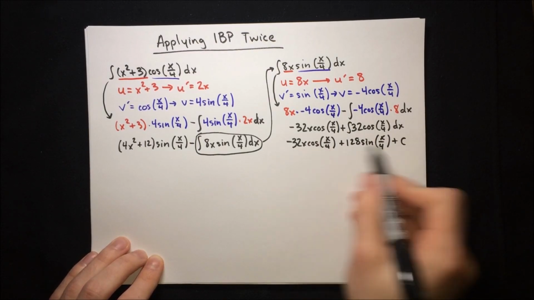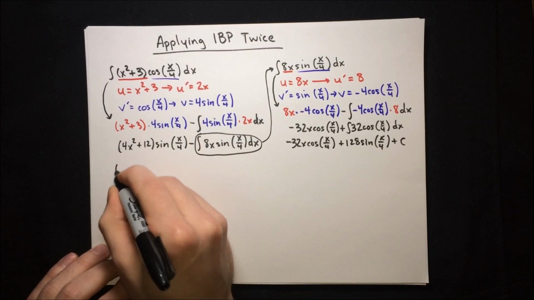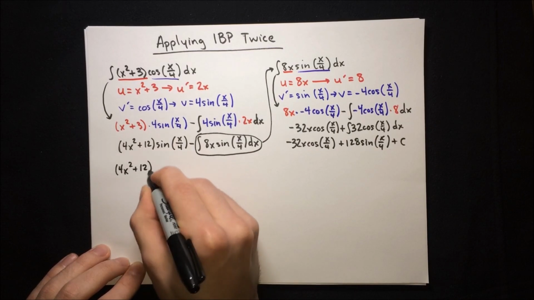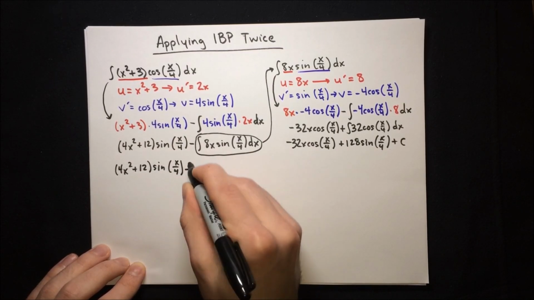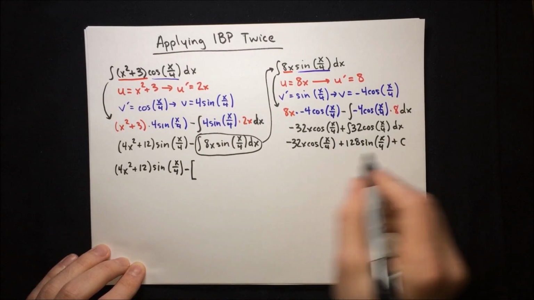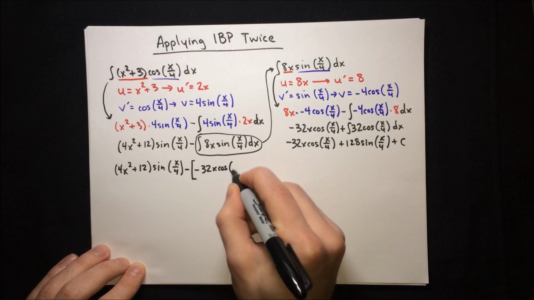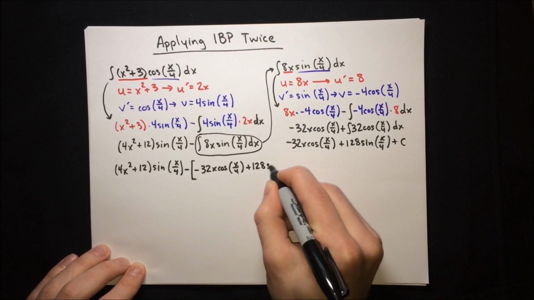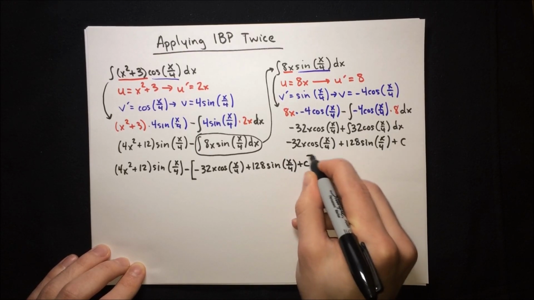Now we'll take all of this and put it in for this integral here. So we'll rewrite this but substitute it in. 4x squared plus 12 sine x over 4 minus what we found for the integral over here: negative 32x cosine x over 4 plus 128 sine x over 4 plus c.